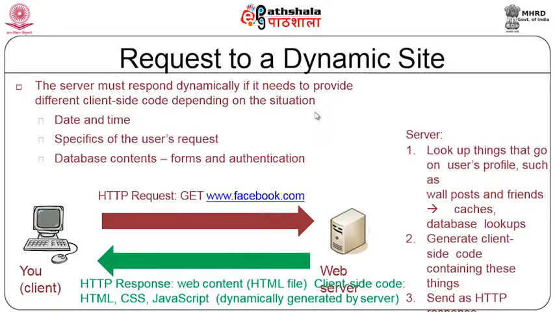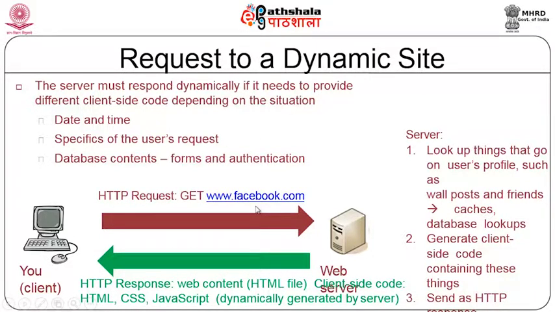In those cases, the server cannot fetch the file as it is. The server has to look up user profiles, go through whatever is getting processed on the request, and based on the request something has to be processed and returned to the client. Here you can see the client is requesting Facebook.